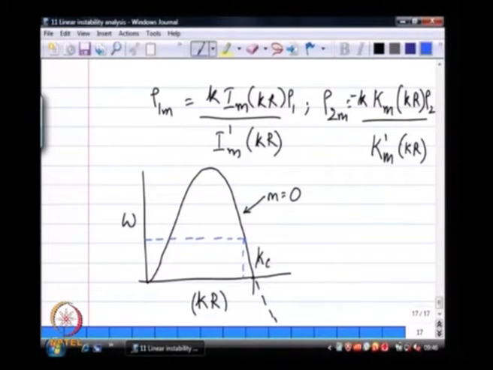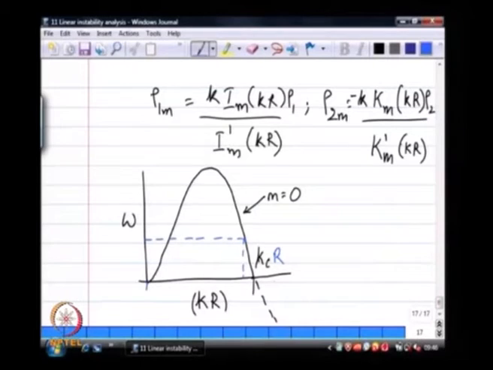Now, as you can see, each of these disturbances is going to grow exponentially. So, if I had a source of perturbations that spanned all k r going from 0 up to infinity, all k r where k is greater than this k sub c are going to be stable.